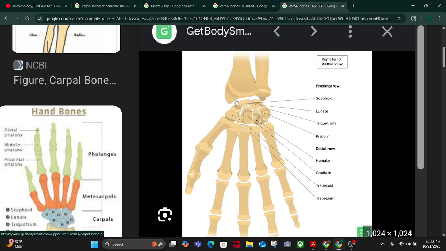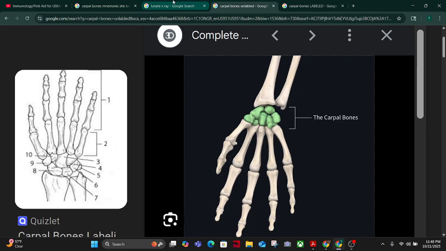And the trapezoid and trapezium is always going to be right next to the scaphoid. So, right here, see this? Try to catch her. So, however they flip it, you should be able to know.